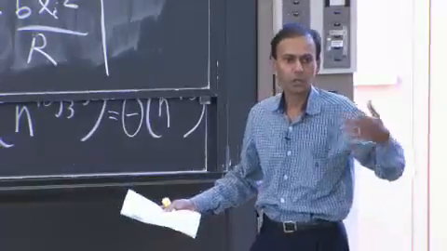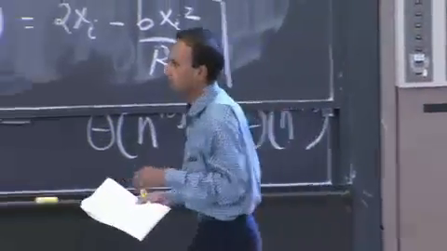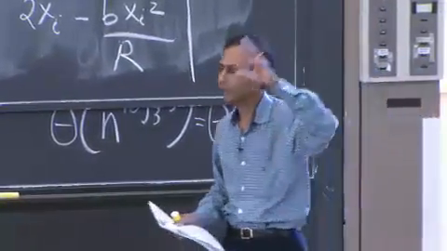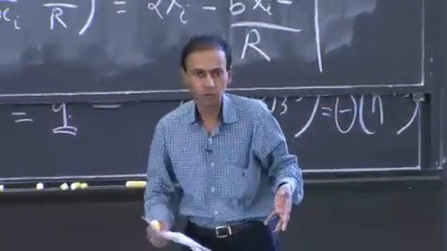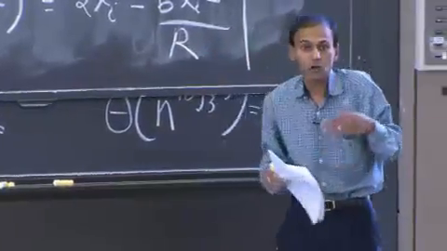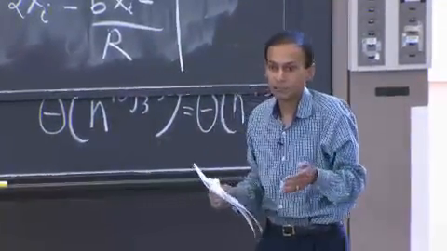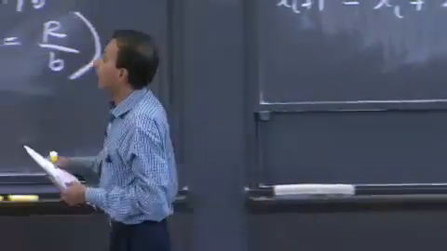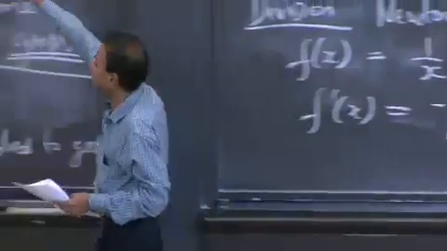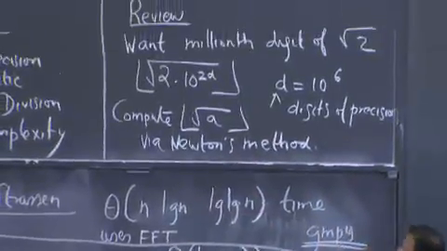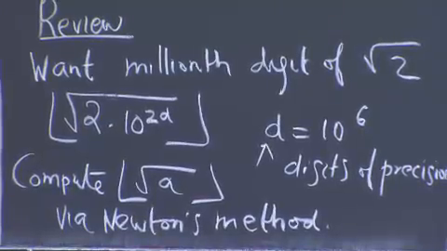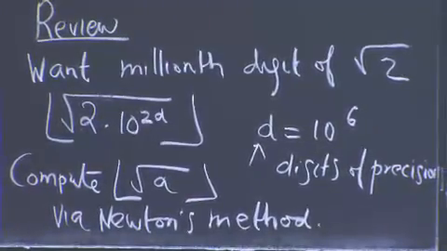Remember, I'm going to put a picture up towards the end that tells you the overall structure for computing the square root of a, or the square root of 2. We've sold out to Newton, if you will, because we said we're going to use Newton's method to compute the square root of a iteratively. Within the first iteration of the Newton method, we had to compute a reciprocal, 1 over x_i.